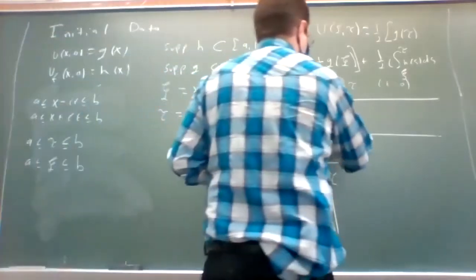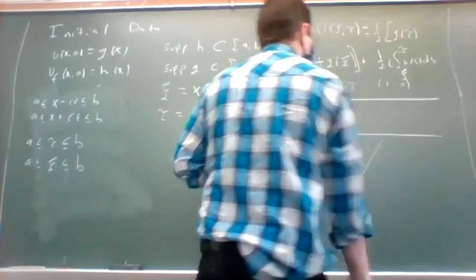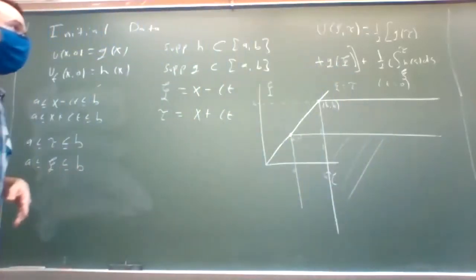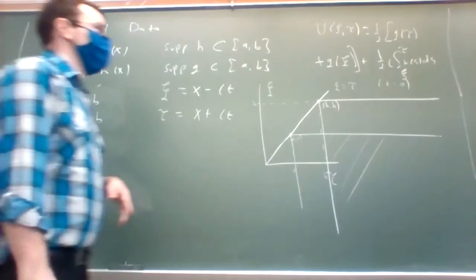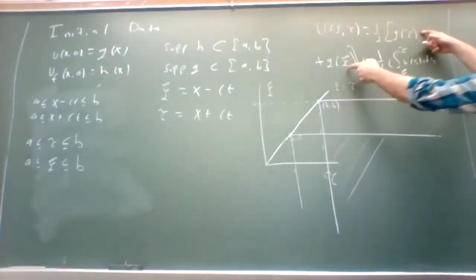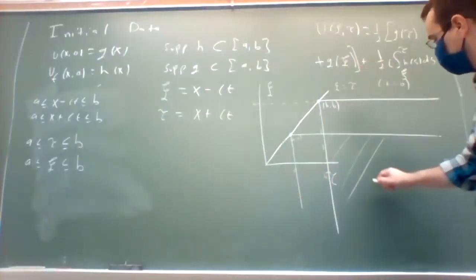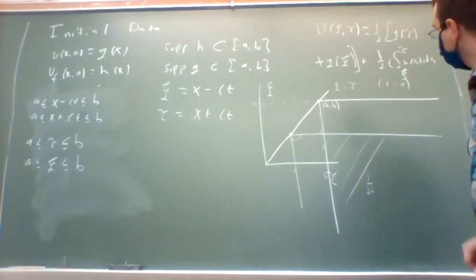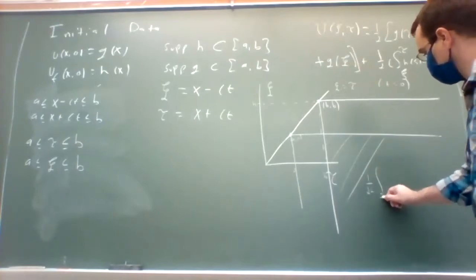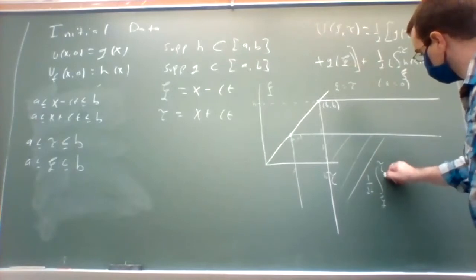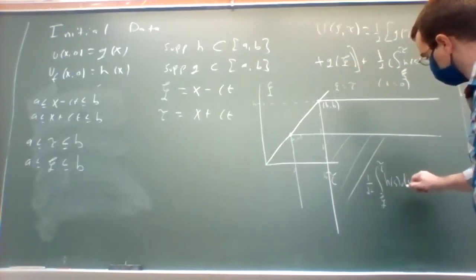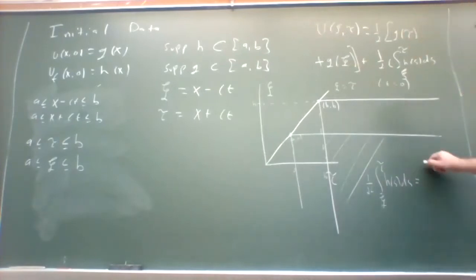Telling you that if you're in this region, since this part is 0, your function is actually equal to one half c times this integral. But this is actually equal to nothing but the integral from a to b.